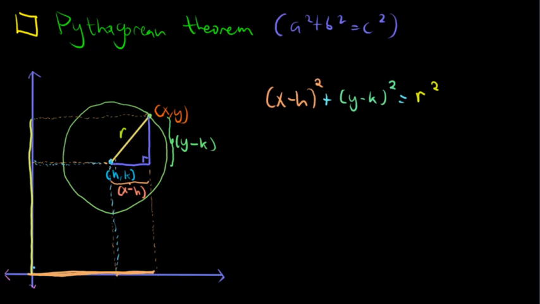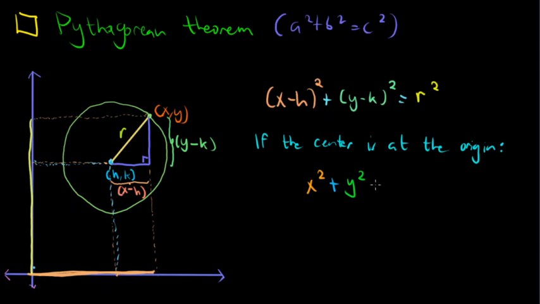Now, paano kung yung circle mo, yung center niya is located at the origin? Well, basically, yung hk mo magiging 0. If that's the case, if this center is at the origin, ang magiging itsura lang ng iyong equation ay simpleng-simpleng x squared plus y squared equals the radius squared.